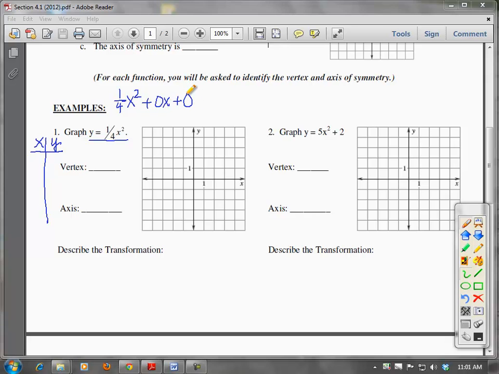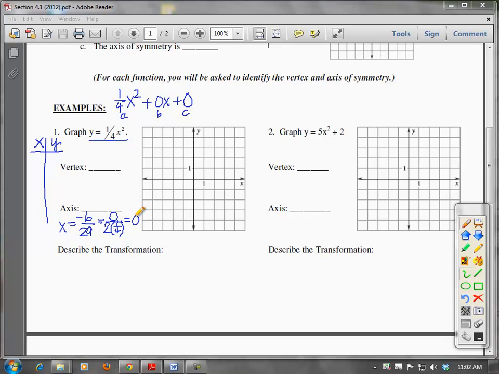And I did that so that you can see the value of A, the value of B, and the value of C. If I try to find my axis of symmetry, which we said is the opposite of B over 2A, well, B is 0, so the opposite of 0 is still 0, over 2 times 1/4, and it doesn't really matter what that number is because 0 divided by anything is 0.